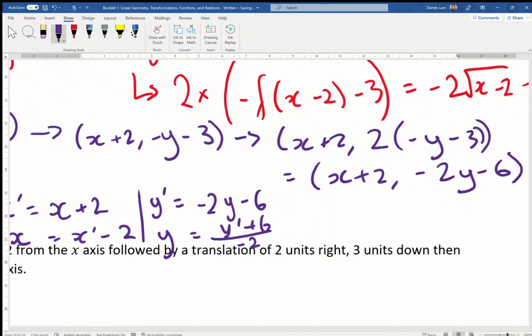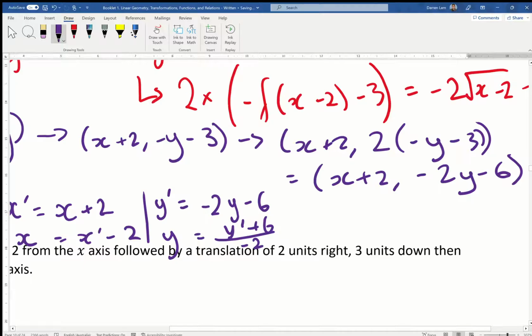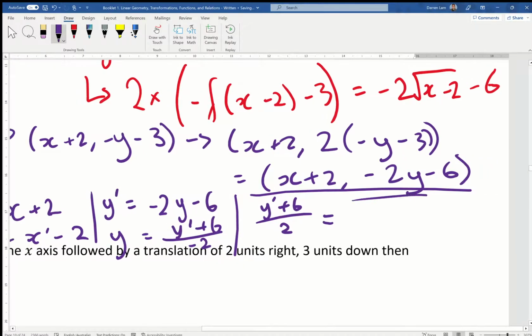I'll zoom in a bit. Apologies for the lack of space. And then, all we do is substitute our values in. We get y dash plus 6 over 2, because I'm substituting my y with y dash, our transformation, which equals root x dash minus 2.